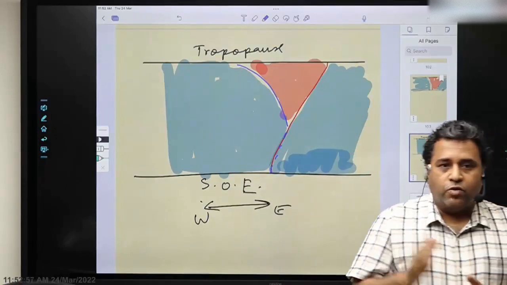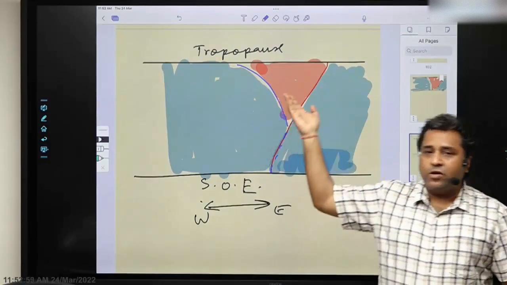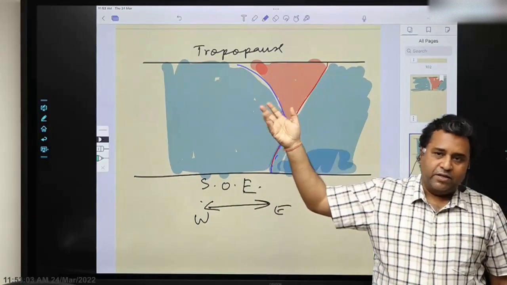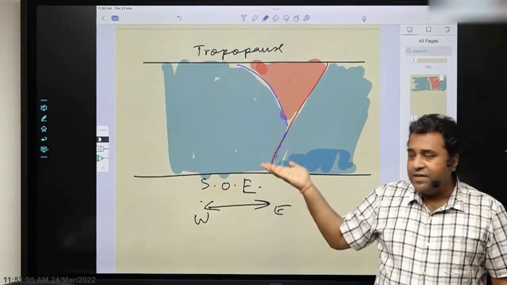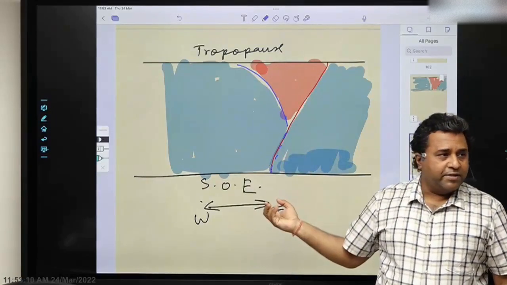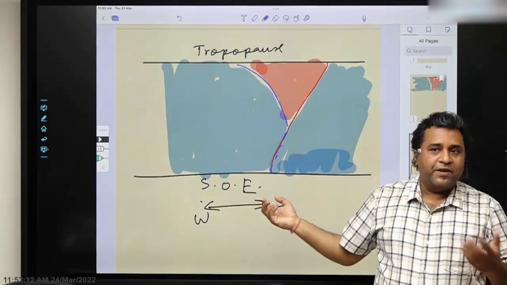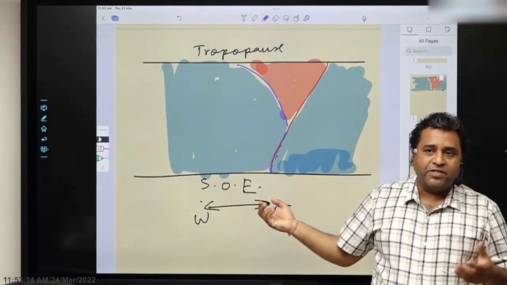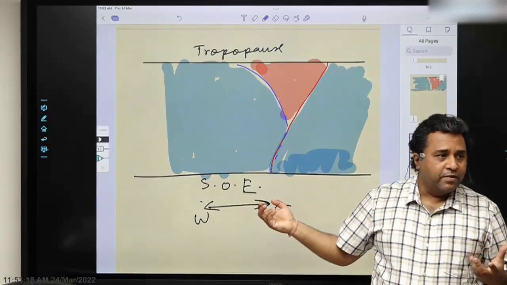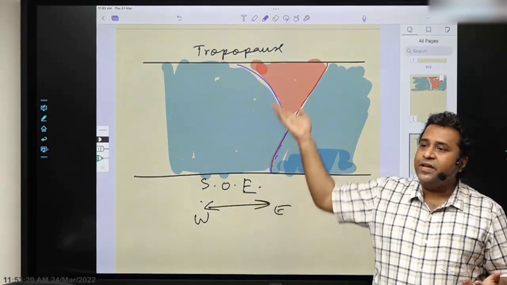Now this lifted up air mass, what will it cause? When the warm air rises, will it cause rain and all? Yes. So this will cause it, but once this warm air is completely lifted, is there more warm air below to rise? No. So what will happen gradually? Cloud formation will come to an end and the rains will also gradually come to an end. Why? Because all the warm air is already lifted.